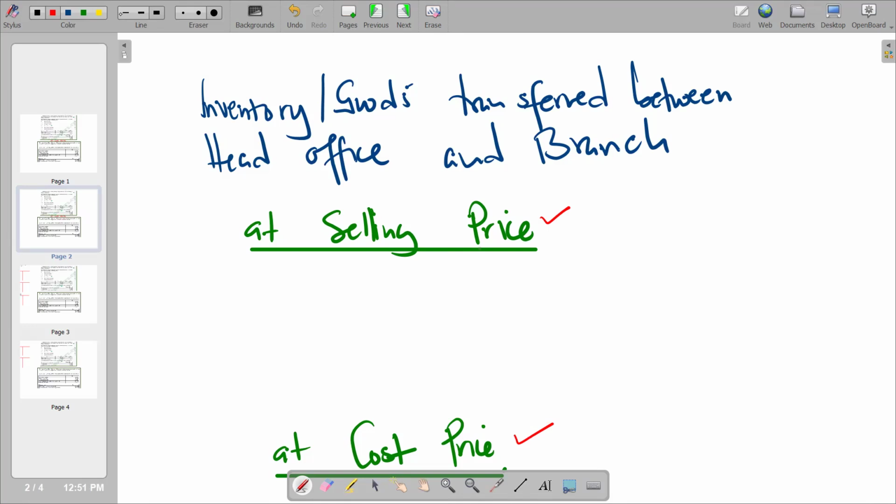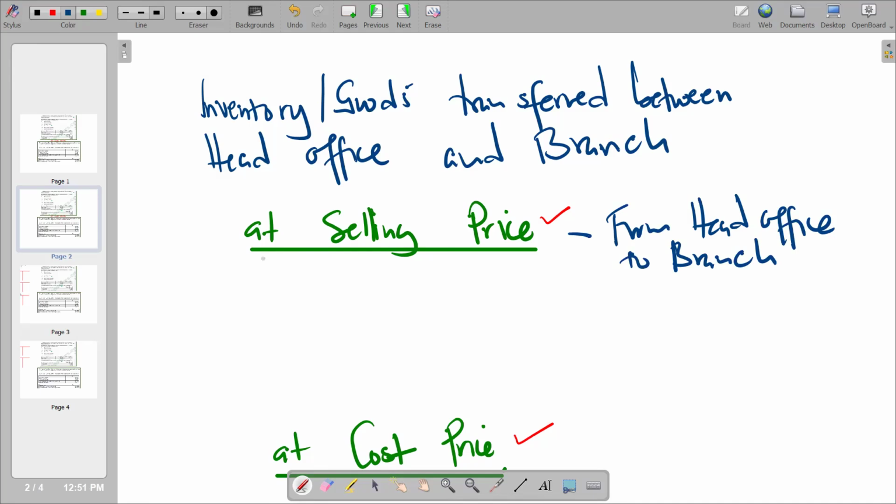So let's take, for example, there are goods that are having a movement from head office to branch, let's just say at selling price. So when goods are moving from head office to branch, the branch is the one that is receiving the goods.